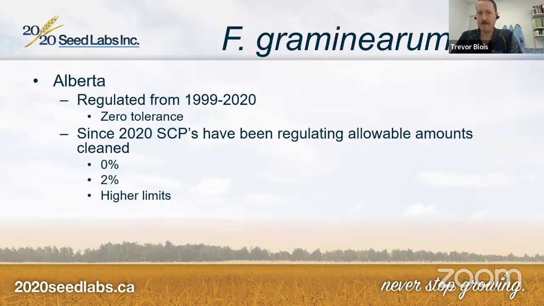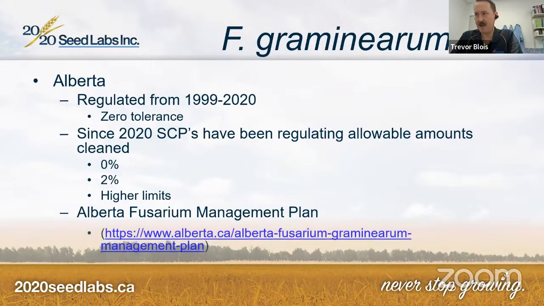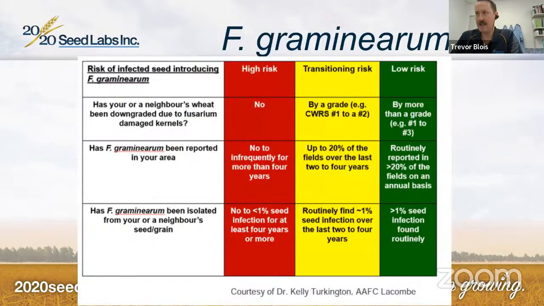So when you're looking at your seed testing results, and you need to know whether or not you can clean the seed, you can use those results to determine that. We do have the Alberta Fusarium Management Plan. It's kind of archived now, but you can still find it. These are the recommendations that they have there.